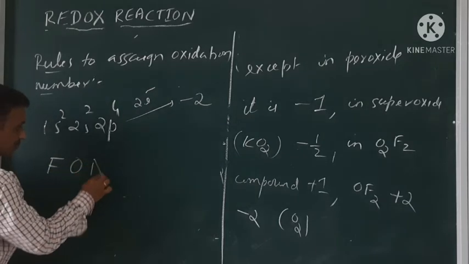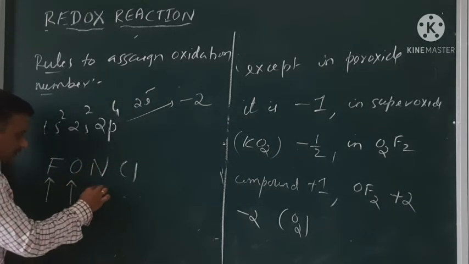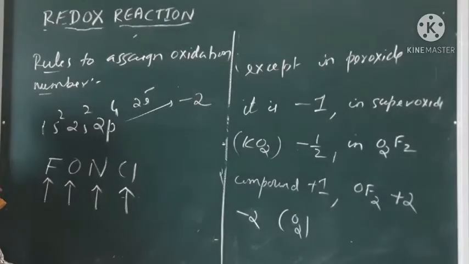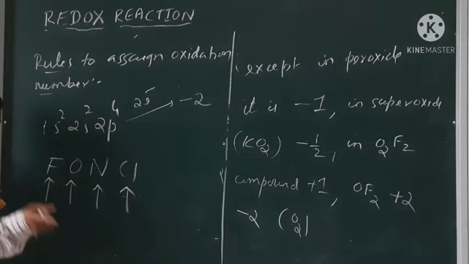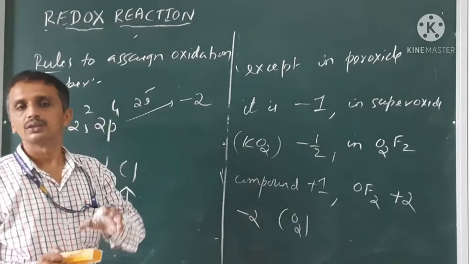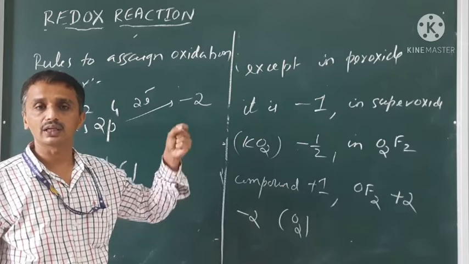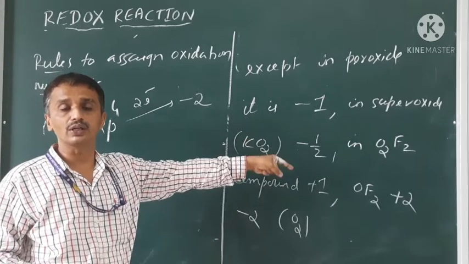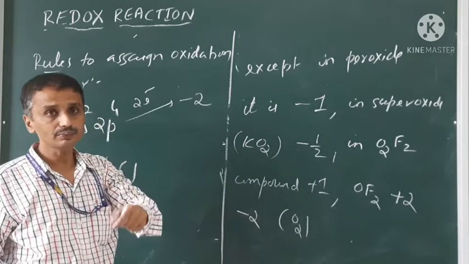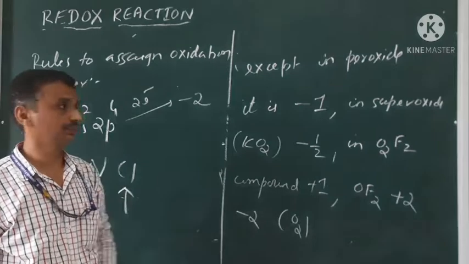Fluorine is the first, second, third, fourth most electronegative element. So when the oxygen is bonded with the fluorine, the oxygen cannot acquire the electrons. The electron will be acquired by the fluorine only, because fluorine is more electronegative than the oxygen. That's why fluorine carries the minus 1 charge, not the oxygen.